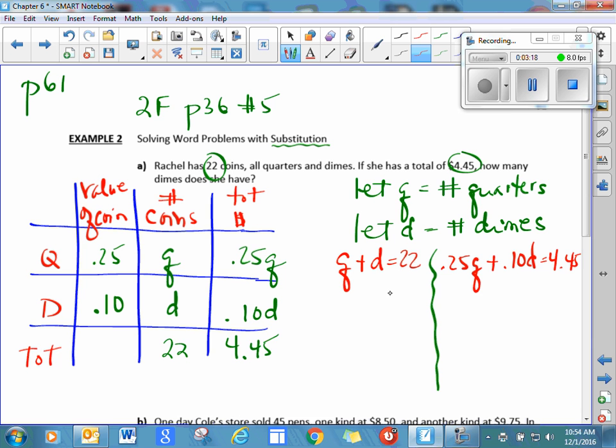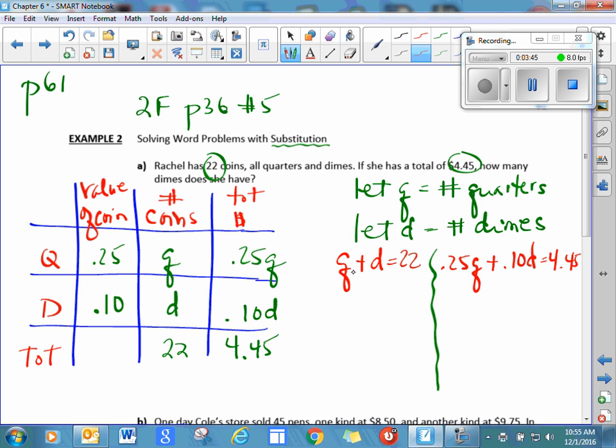$4.45. So we have two equations, and I inaccurately said you need two equations because you have two variables. We also had two equations when we did it back in Unit 2. We're just using two variables now, so that's what I should have said. So we've got two equations, and I need to decide what I'm going to use for substitution. Well, this equation has coefficients in front of both variables.